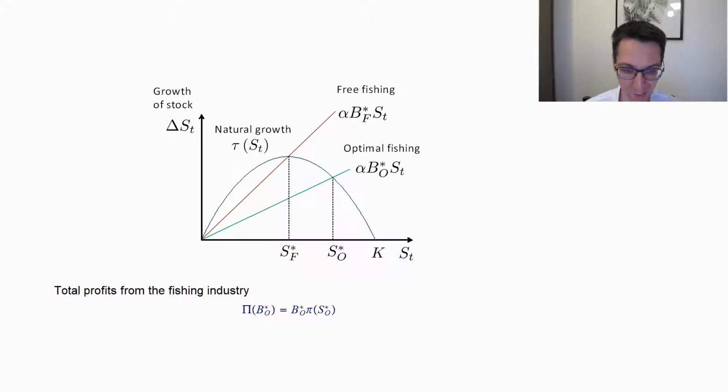So now it's a function of the optimal stock of fish. To be completely correct, I should have written S of B star O, but we already know it's S star O.